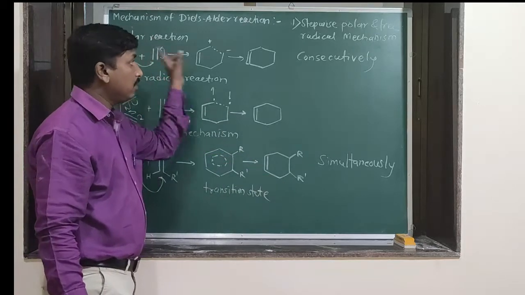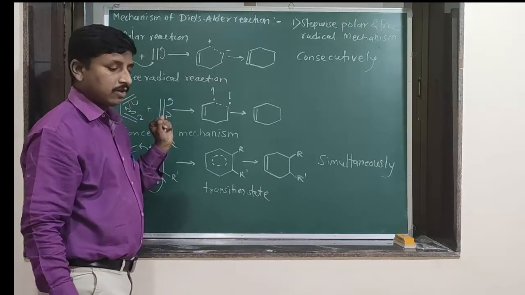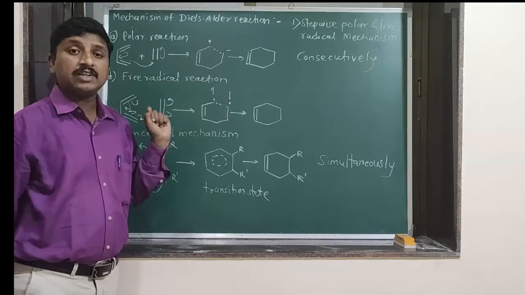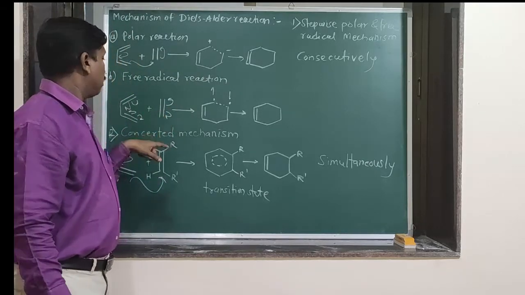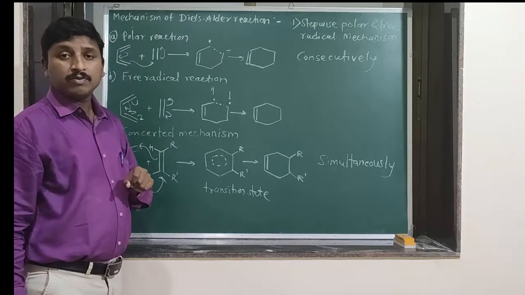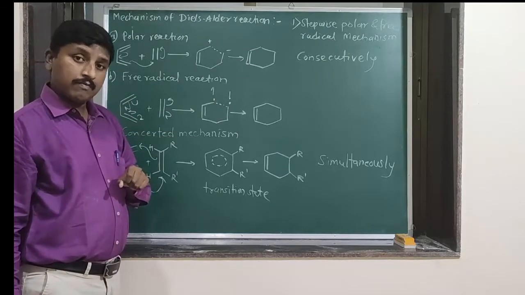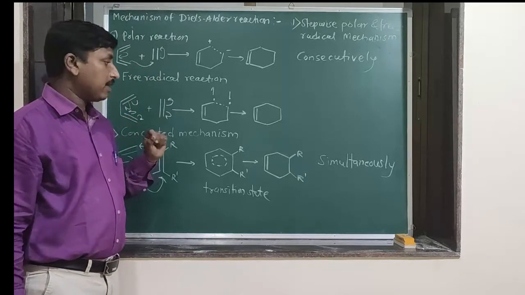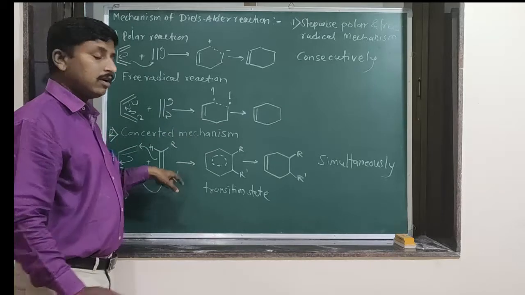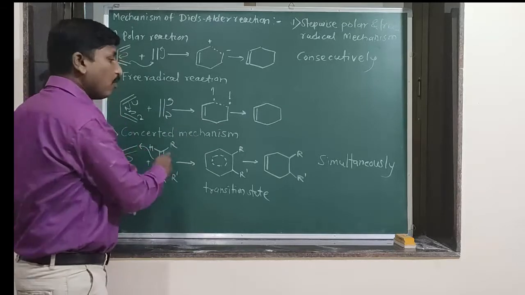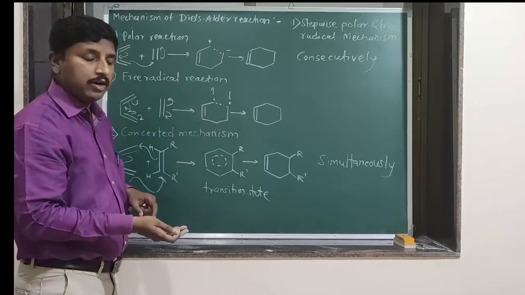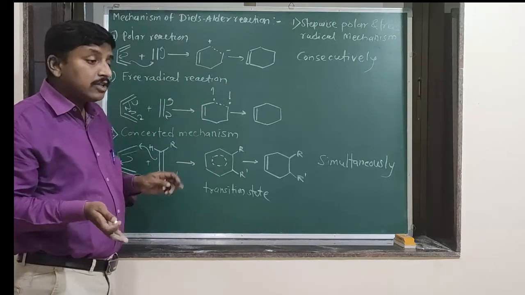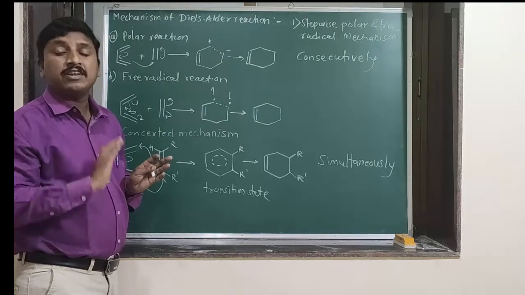That means this reaction is stereospecific. I think we have explained this earlier. So this is all about the mechanism of the Diels-Alder reaction. The concerted mechanism is the most important mechanism because it has proofs, unlike the stepwise polar and free radical mechanism. Here simultaneous bond making and breaking occurs through a 6-member transition state. There is no formation of an intermediate.